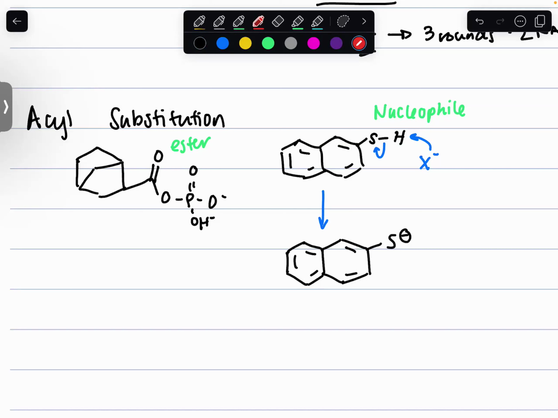Well, when we were making our reactants, we were putting together the stuff that he gave us. We know that in order to do an acyl substitution, we need to have that carbonyl. So, nucleophile, check. Electrophile, check. They're gonna talk to each other.